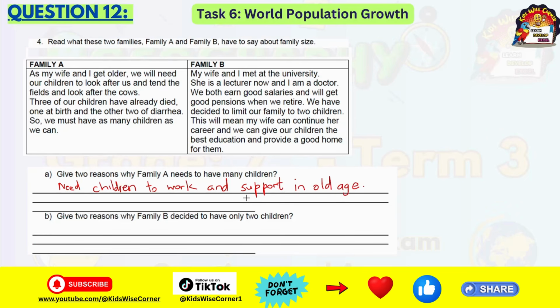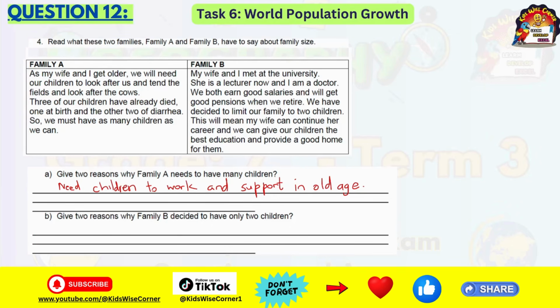Give 2 reasons family B decided to have only 2 children. They decided to have fewer children to afford better education and lifestyle.